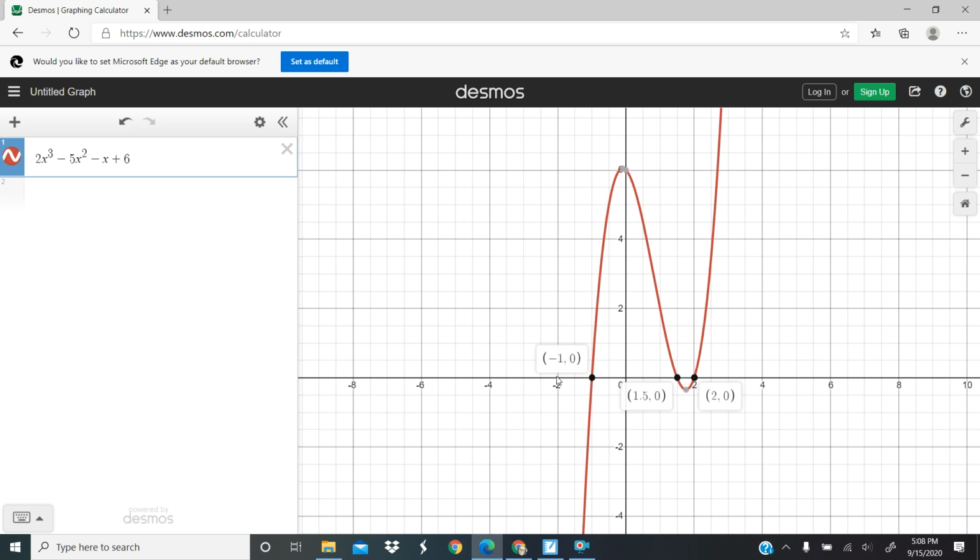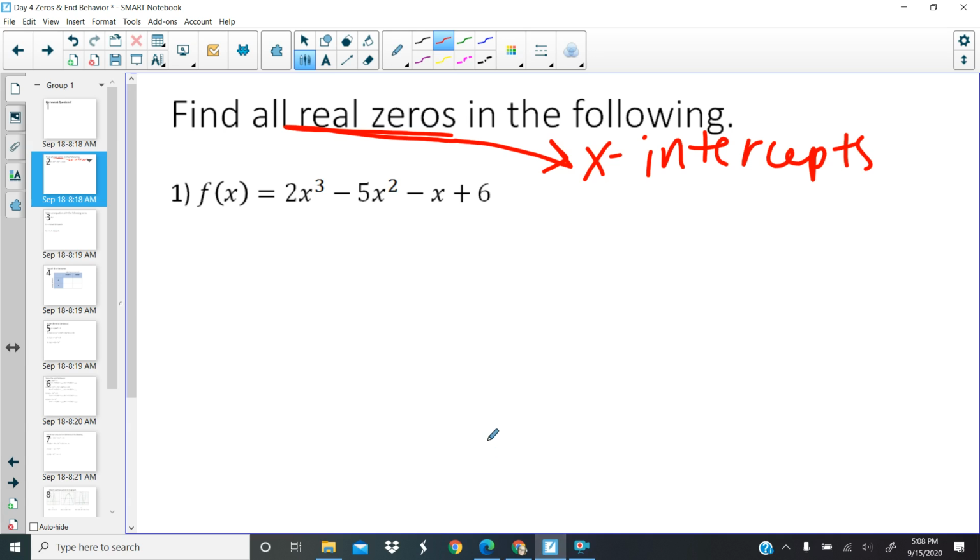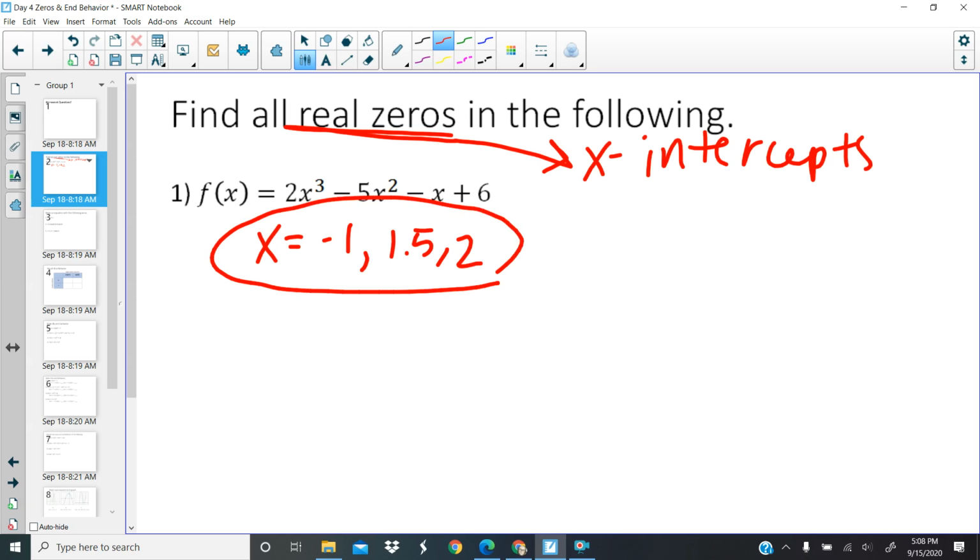So you have (-1, 0), (1.5, 0), and (2, 0). So I'm going to come back over here, and all of my real zeros in this were x equals -1, 1.5, and 2. And in a scenario like that, that is all you have to find.